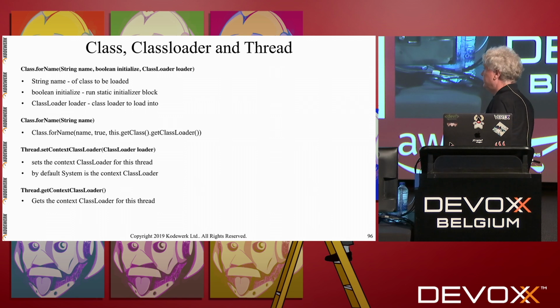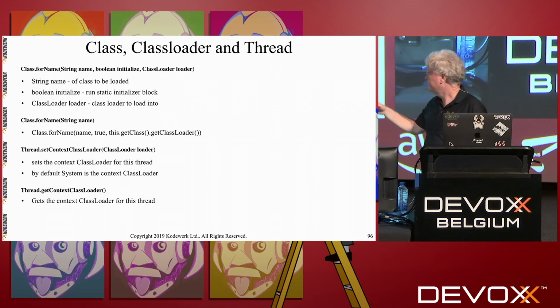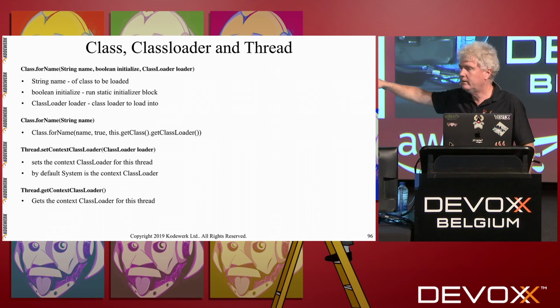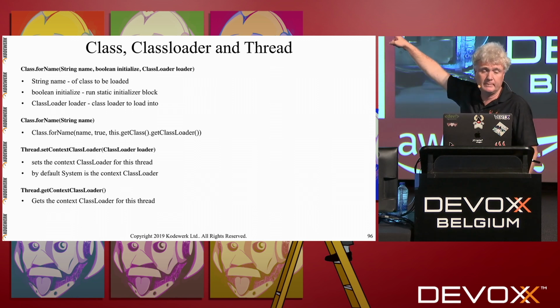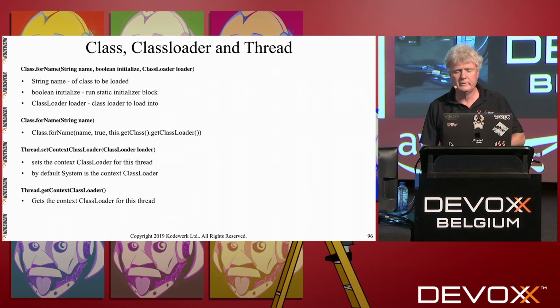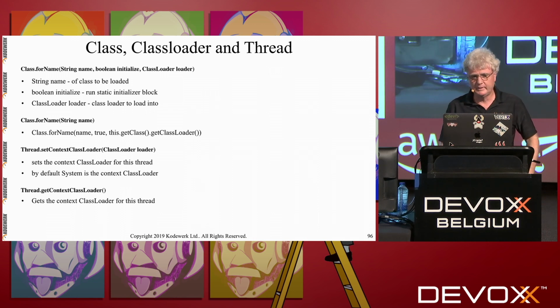Typically what you're going to do is ask the thread to get the context class loader, so that when you load these classes, you can set the context class loader for this particular thread. Or you can just specify it in the Class.forName. This way you know exactly where things are coming from, and that helps avoid this ClassCastException problem by being explicit as to which class loader you're getting the definitions from.